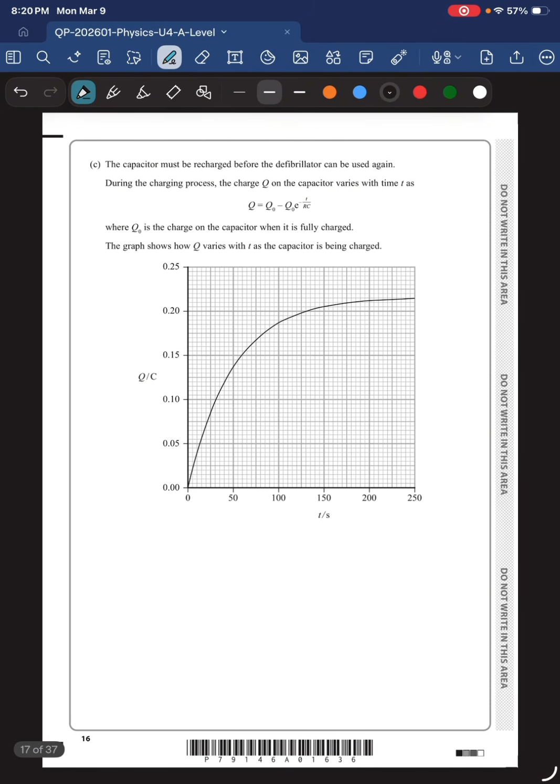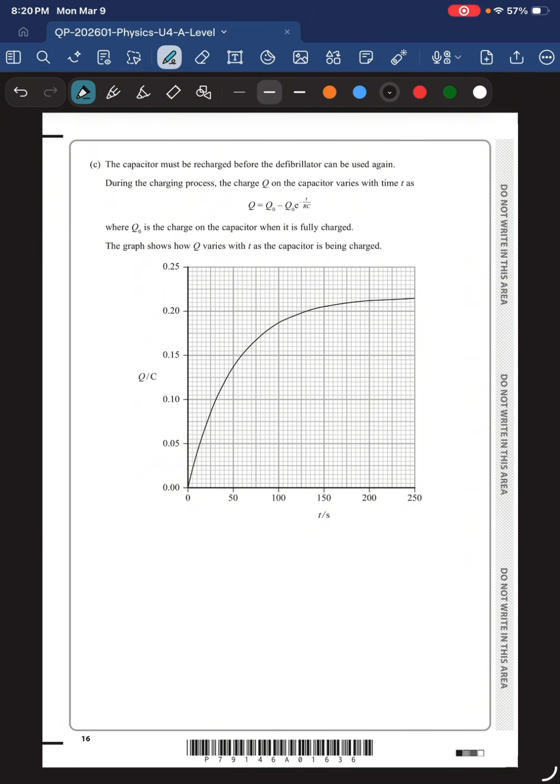Okay. C. The capacitor must be recharged before the defibrillator can be used again. During the charging process, the charge Q on the capacitor varies with time t as this formula, okay, where Q naught is the charge on the capacitor when it is fully charged.